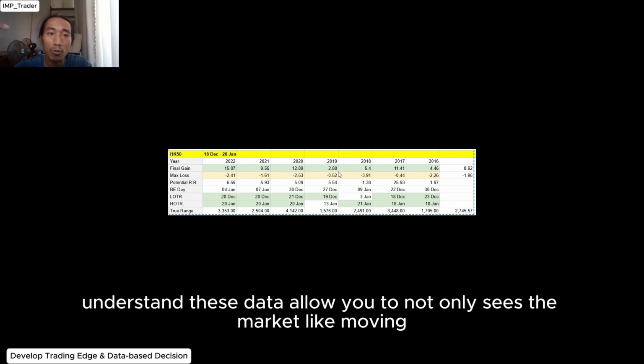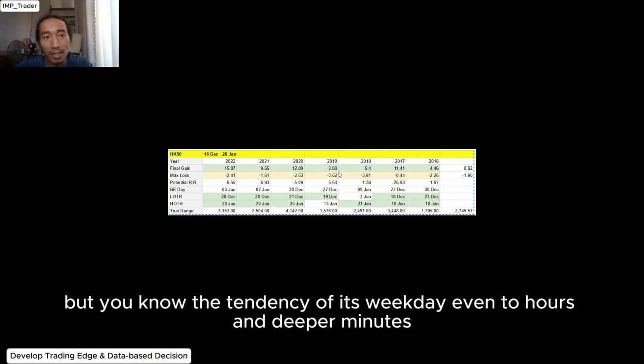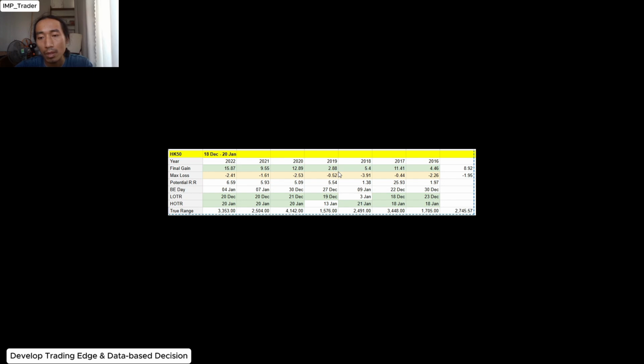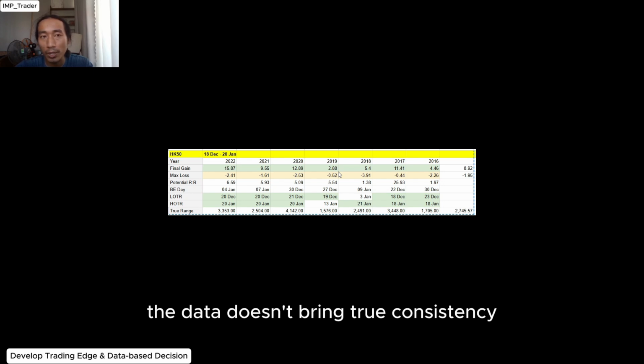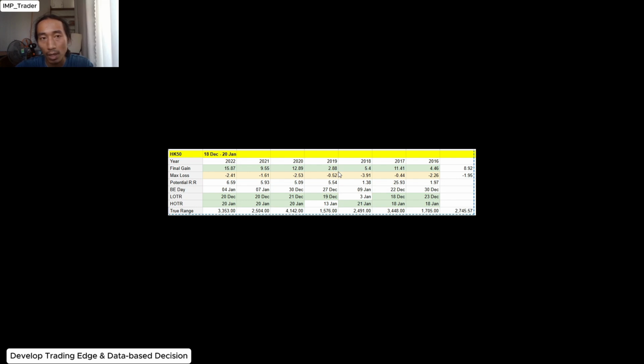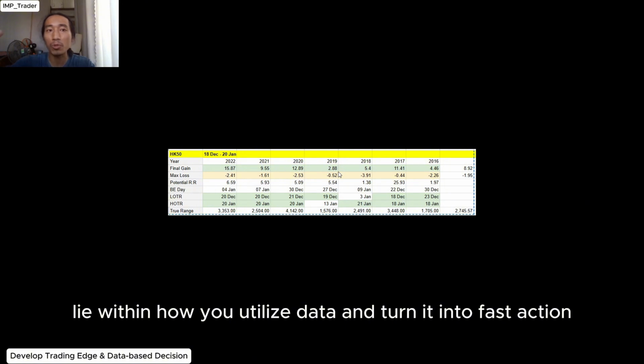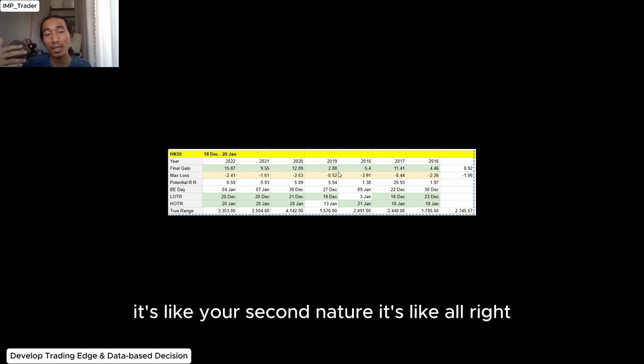Understanding the data allows you to not only see the market moving, but you know the tendency of its weekday, even to hours and deeper, minutes. But the data doesn't bring true consistency. True consistency lies within how you utilize the data and turn it into fast action. It's like your second nature.